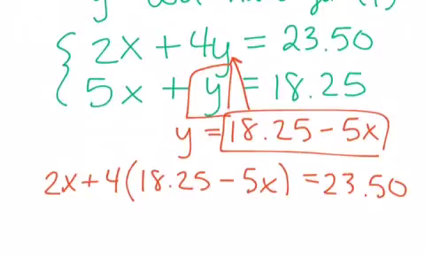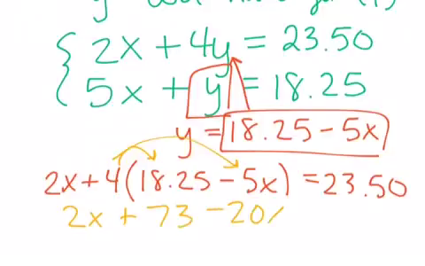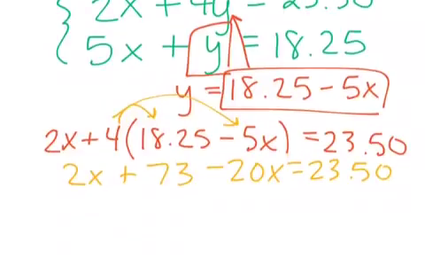If I carry that 4 through, I'm going to get 2x plus 73 minus 20x is equal to 23.50. So that's negative 18x plus 73.